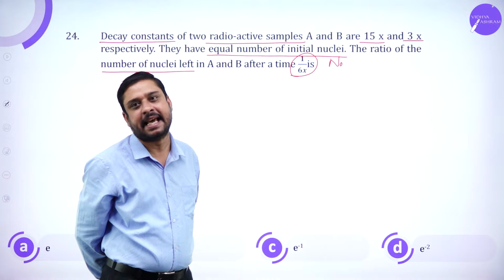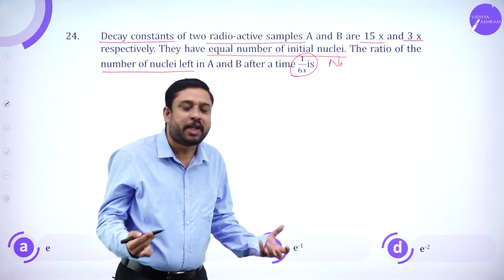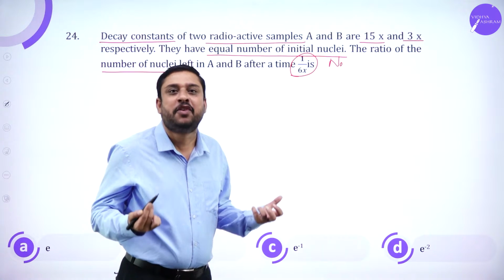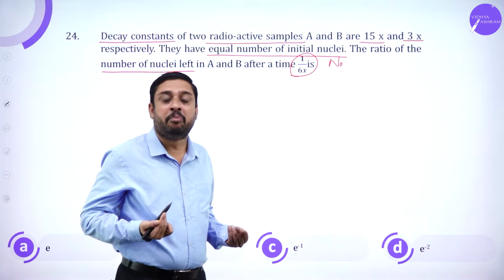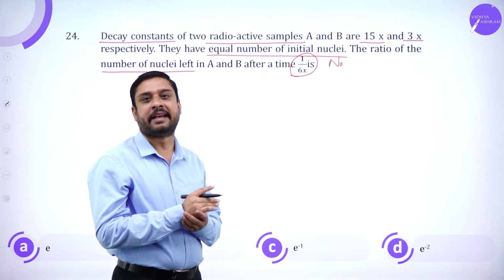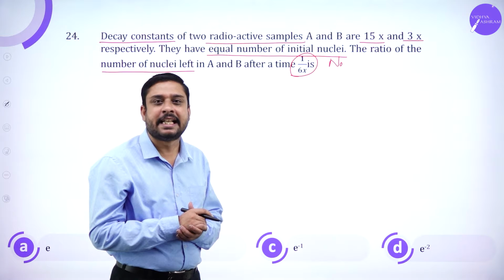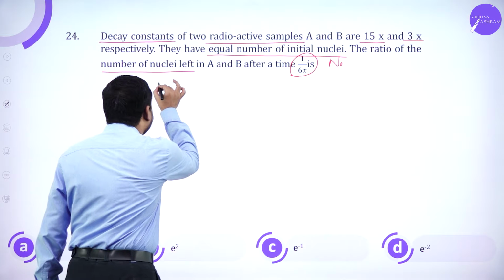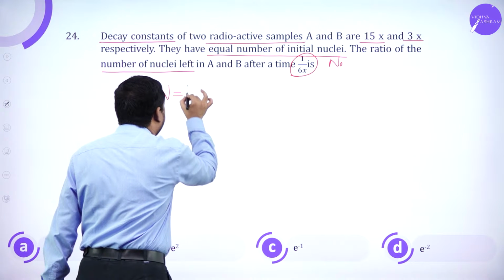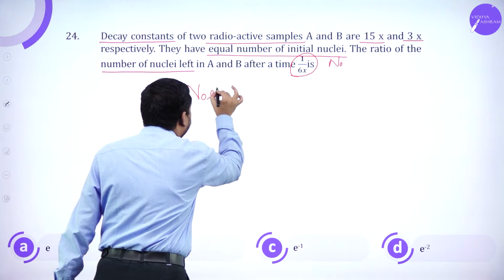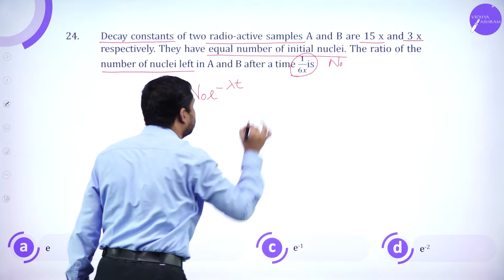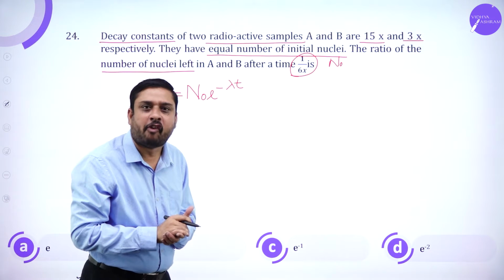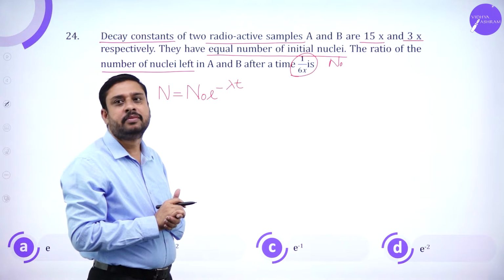The moment you say decay constant, initial number of nuclei, remaining, the first thing that comes to mind is radioactive decay law. N equals N0 e to the power minus lambda t. This is the mathematical form of the decay law.